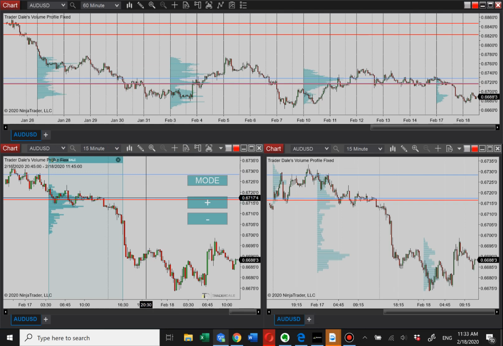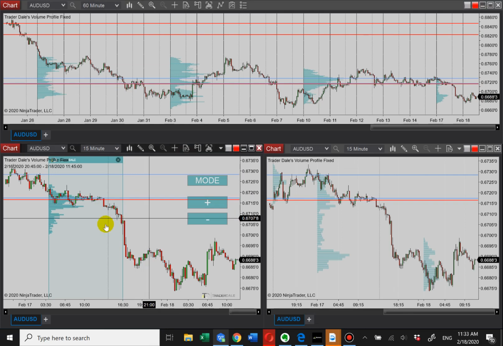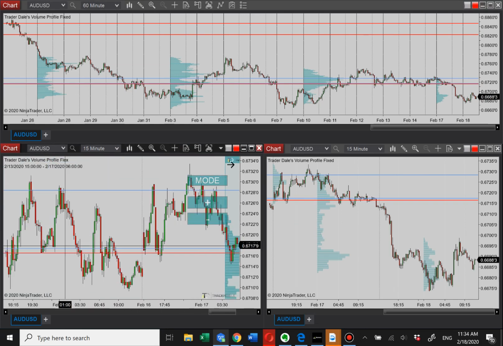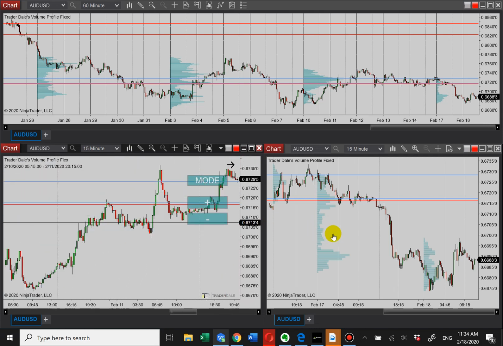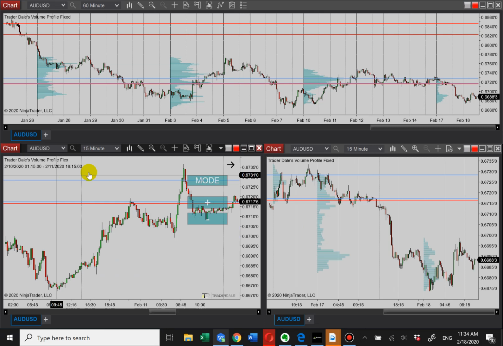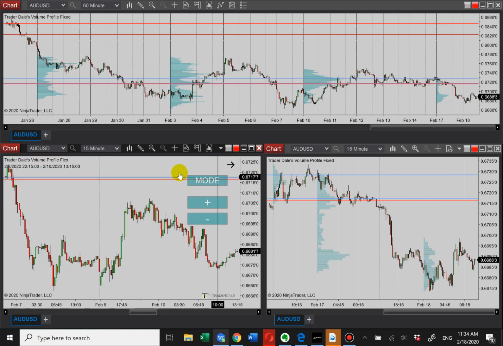It was a level right here that was previously traded. So let's go on. This is the lower level.